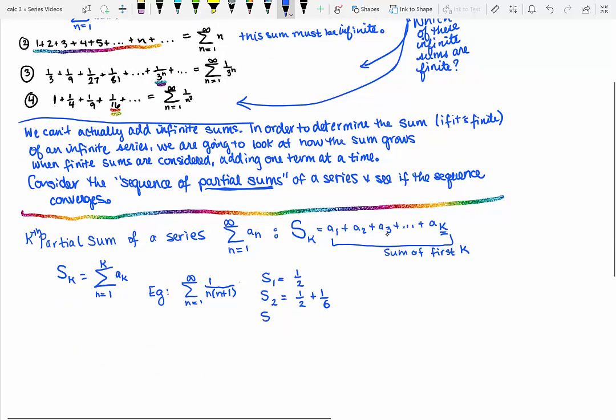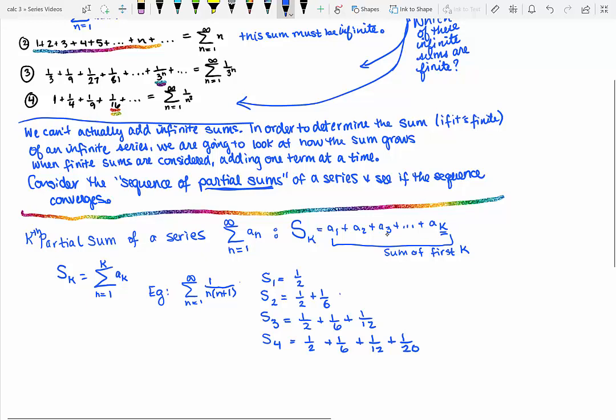The third partial sum is the sum of the first three terms: 1/2 plus 1/6 plus 1 over 3 times 4, which is 1/12. S4 is 1/2 plus 1/6 plus 1/12 plus 1/20. And for each of these, I could then try to combine it into one fraction to get a sense of what's happening to the numbers.